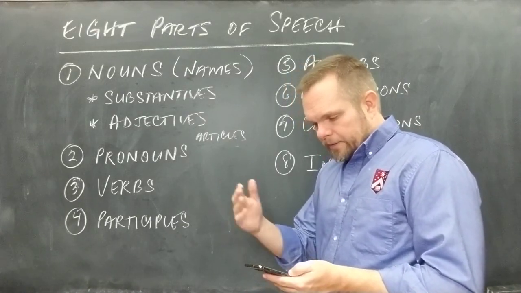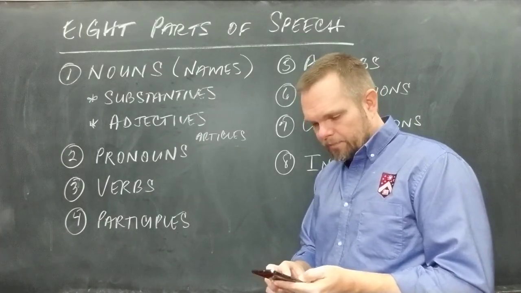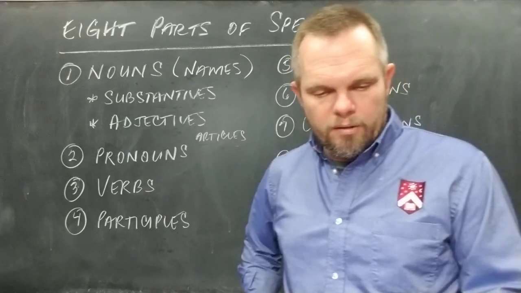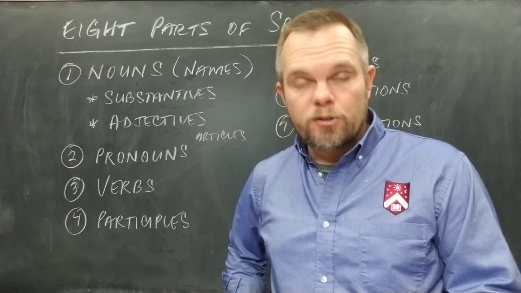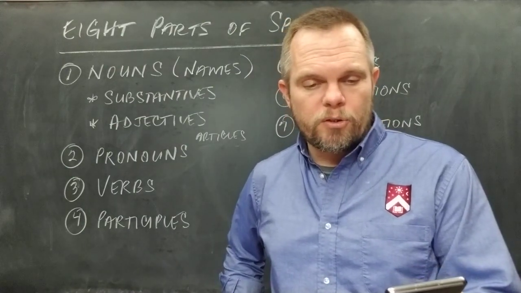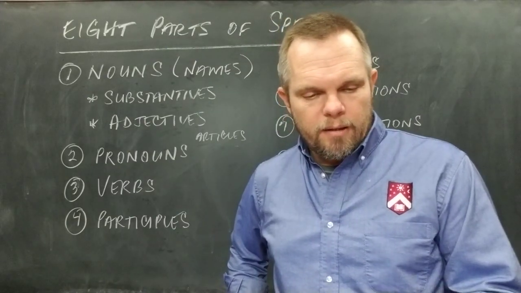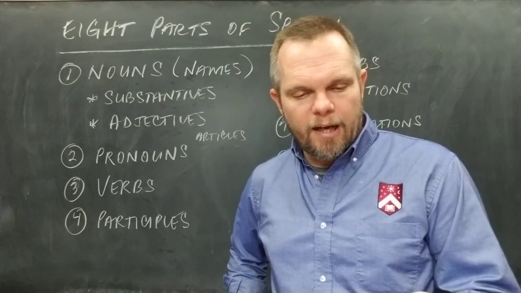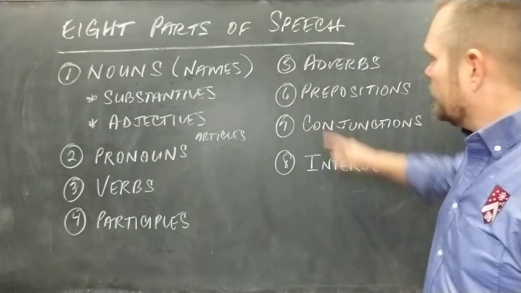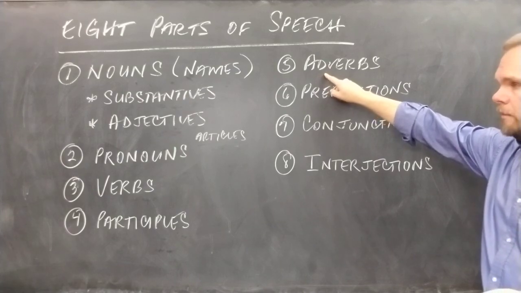Now we're going to skip down and read at point number 12. Such words as add to the notion of a property or action, some circumstance of time, place, or manner are called adverbs. And you'll notice that I put this part of speech up over here as number 5.